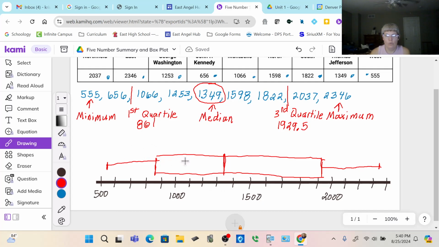So even though the width might be different, it's representing the same number of values as, let's say, this whisker, which is a little bit shorter. And I'm just going to draw some arrows so that you know where the 5 numbers go. And this is how you would find your 5-number summary and make a box plot.